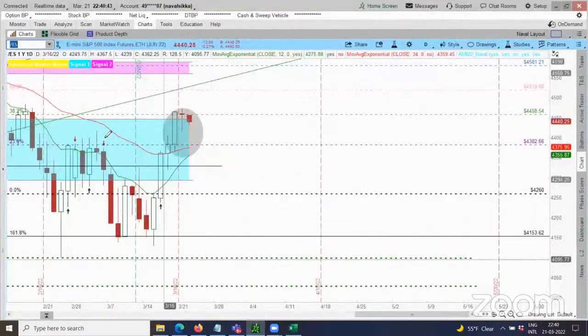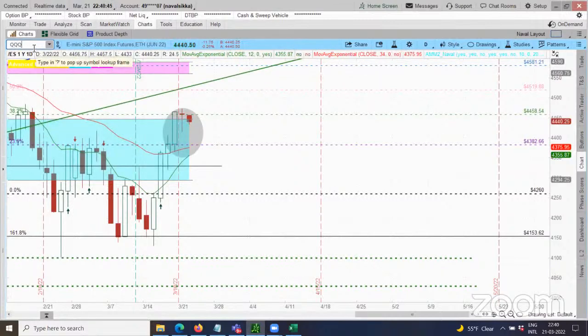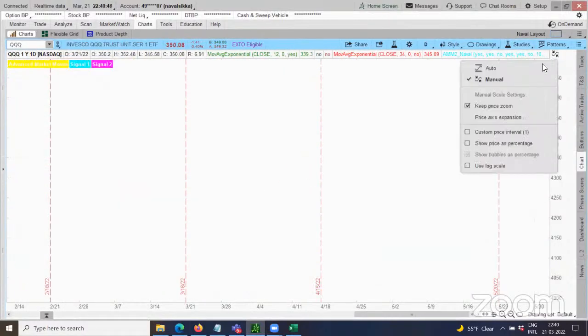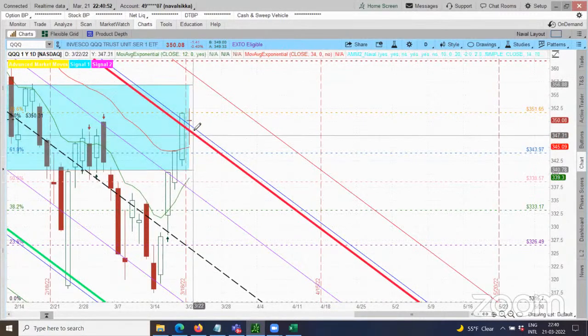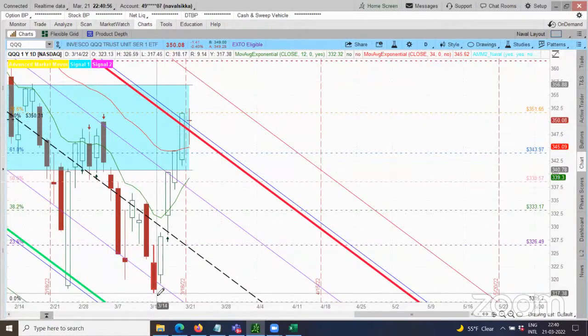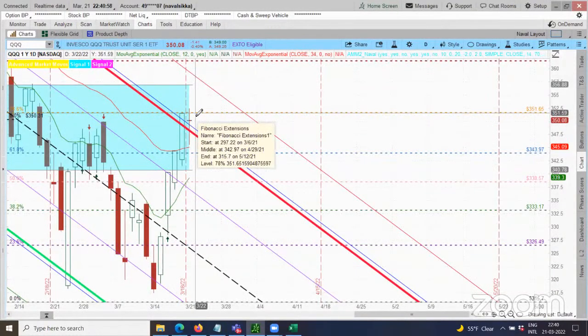QQQ. QQQ is also, see, the quality is that all these are making perfect dojis. And again, all the way from 317 to 350, that's a 10% rally.